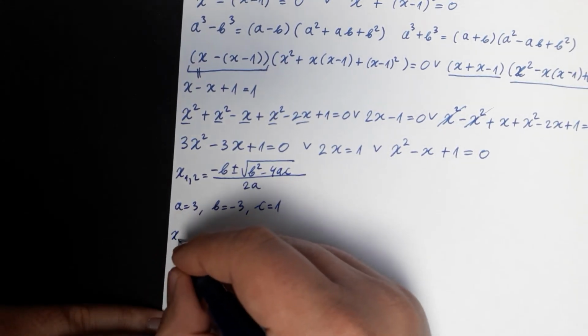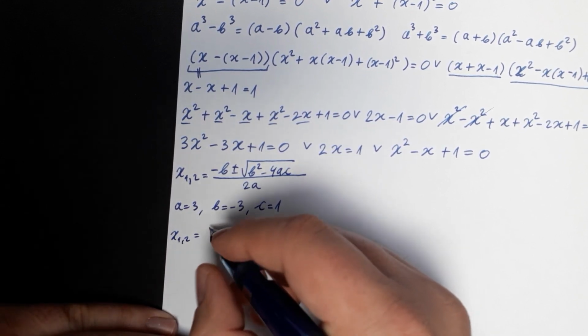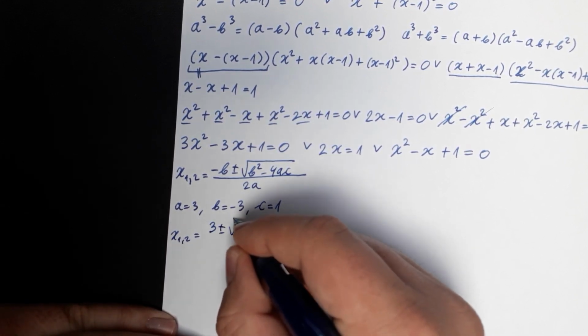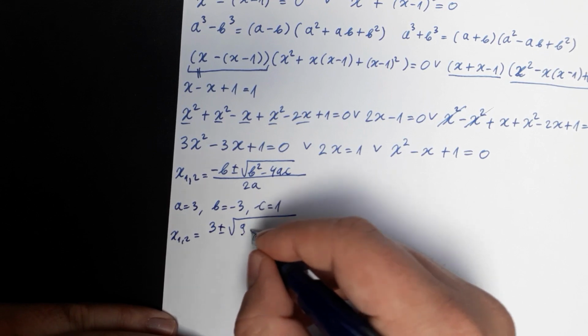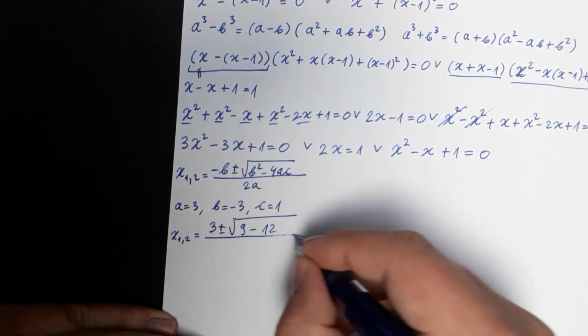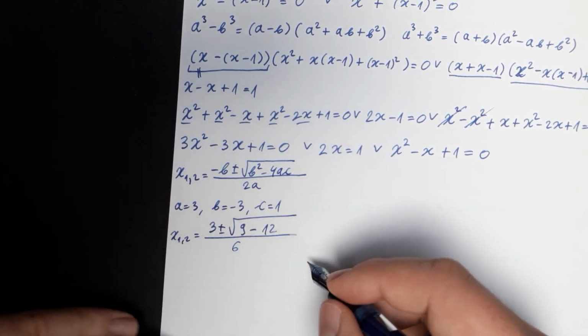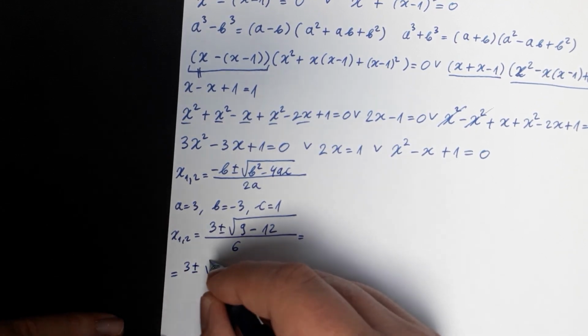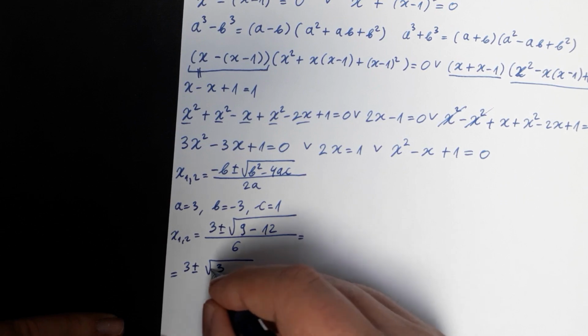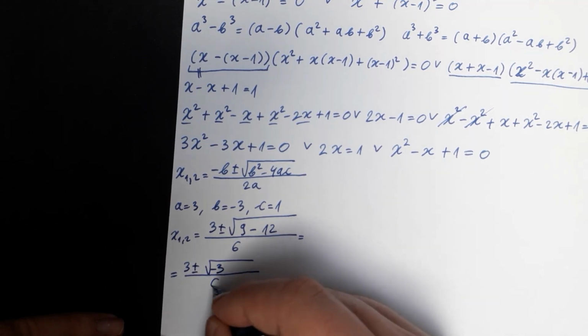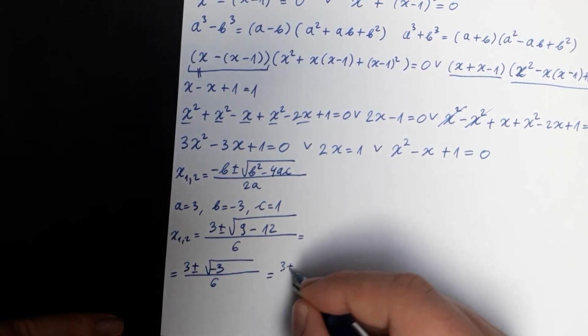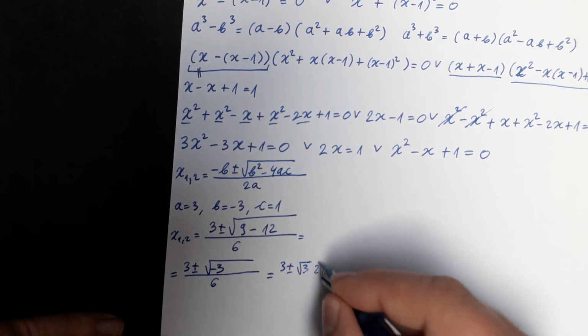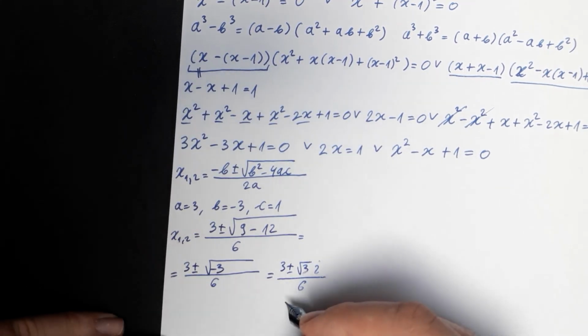That leaves us with x1,2 being equal to 3 plus or minus the square root of 9 minus 12 over 6, which is then equal to 3 plus or minus the square root of negative 3 over 6, which is 3 plus or minus square root of 3 i over 6.